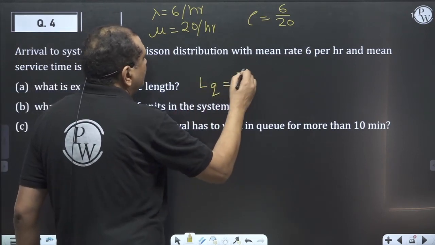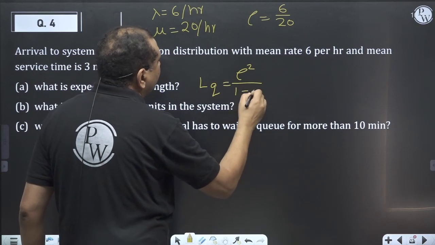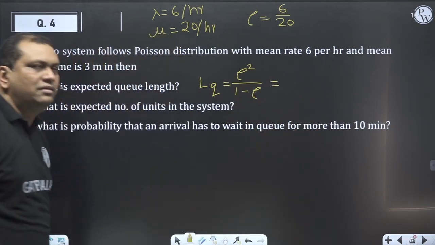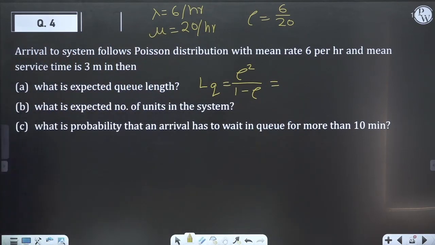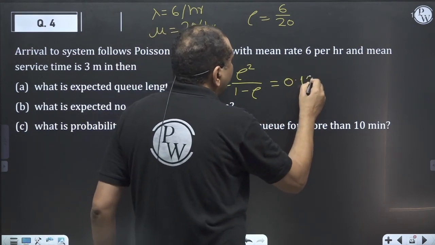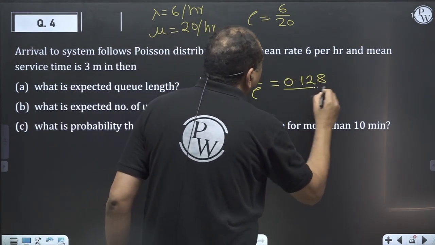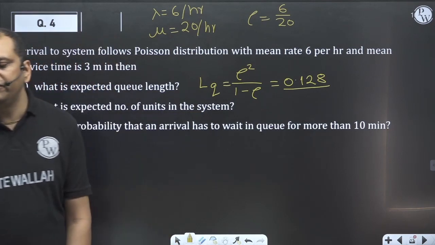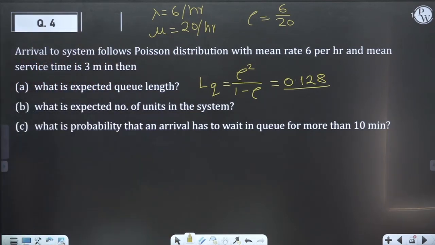LQ is equal to rho squared divided by 1 minus rho. The expected queue length is 0.128. You also solve along with me.